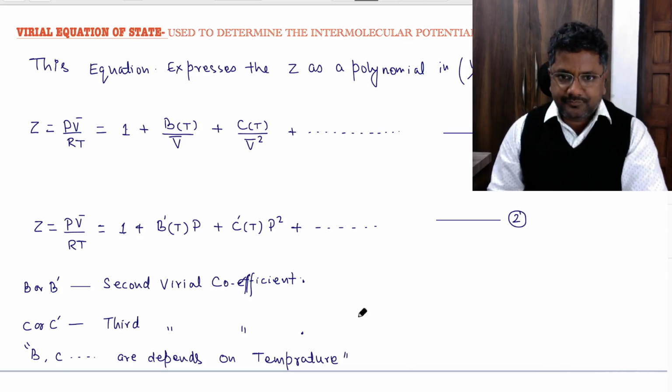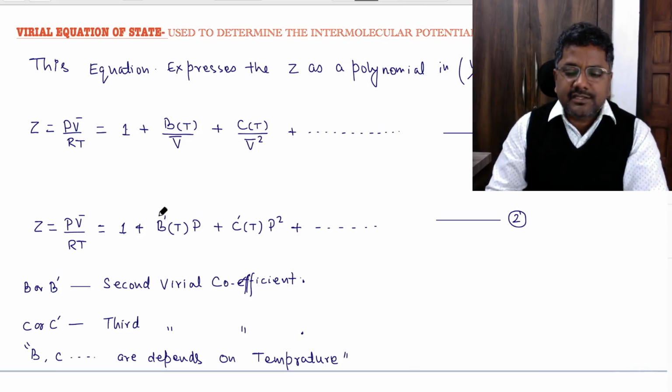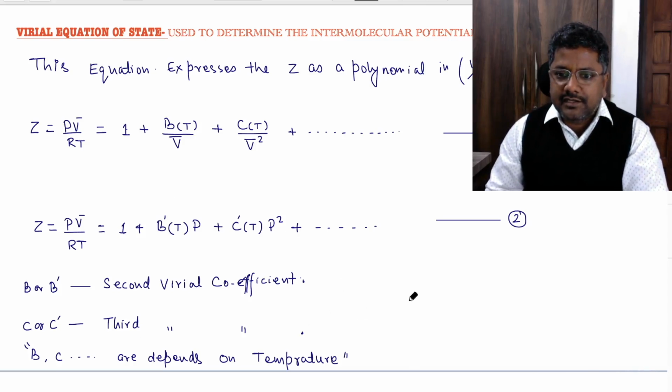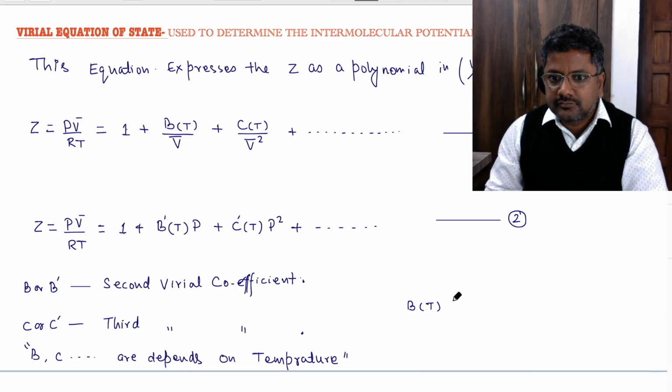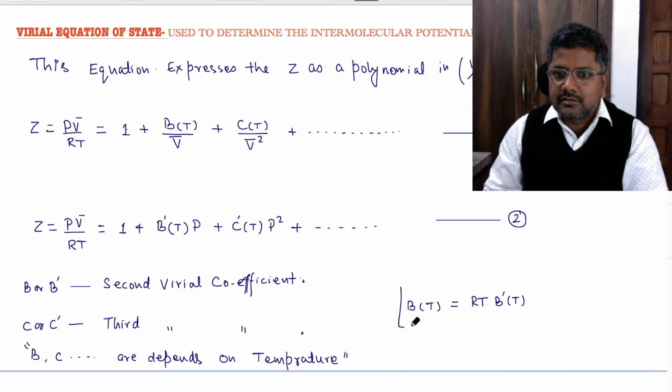And what is the relation between B dash and B? So you can write here B(T) is equal to RT into B dash, right?